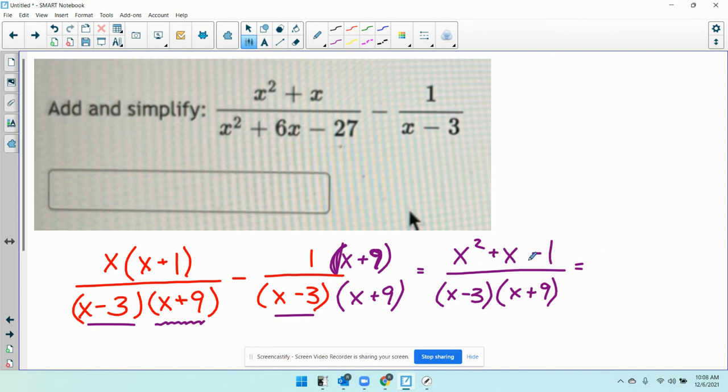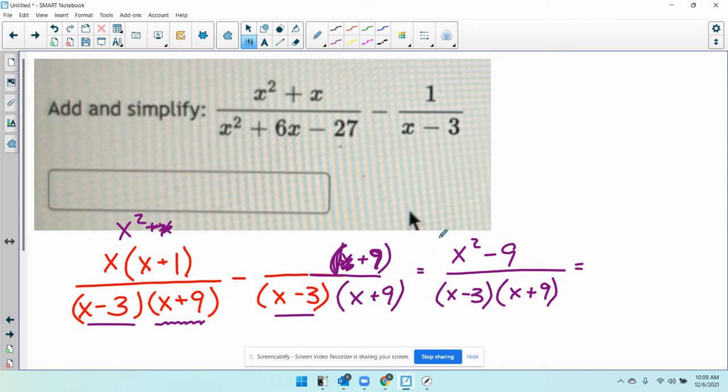No. Oh, I'm sorry. I made a mistake there. This is not right. This top has to change. I'm going to leave this, though, as x squared plus x. I forgot this guy here. That's what I want. x squared minus, no x squareds here. That's x squared. x minus x, they cross out. Negative 9. There we go. That's what I wanted.